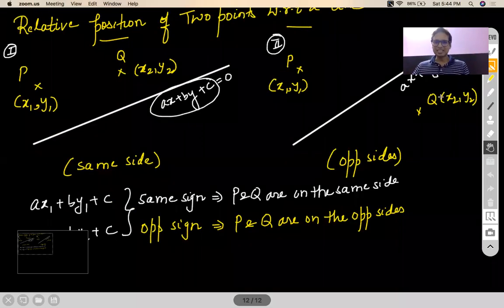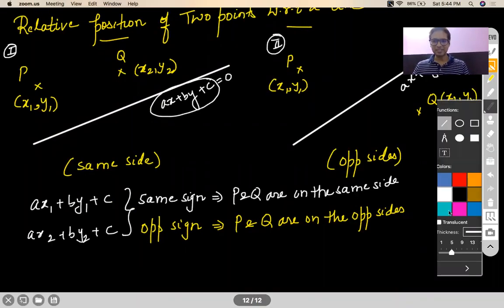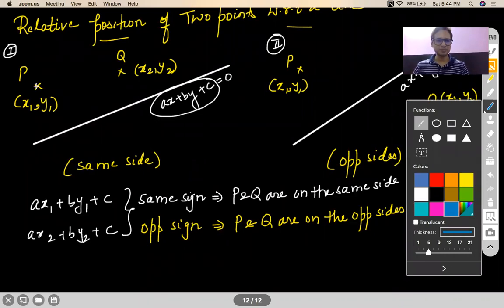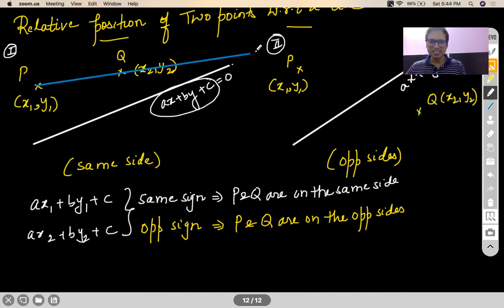Can I say that if I connect P and Q, okay, and extend it forward, in the situation number 1, you can see that the line will externally divide the join of P and Q. Now, many people ask, sir, what if P and Q are parallel?